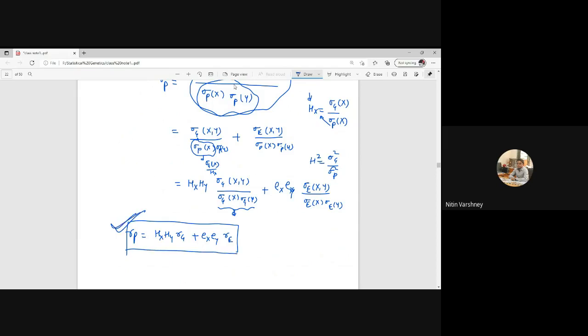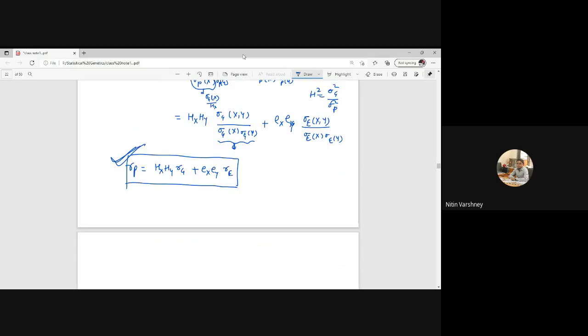What is the formula of genetic correlation? So this is for the population, using broad sense heritability. If I write P using narrow sense heritability, then it will be small hx, small hy, Ra. Instead of Rg, I will write Ra, plus Ex Ey Re.